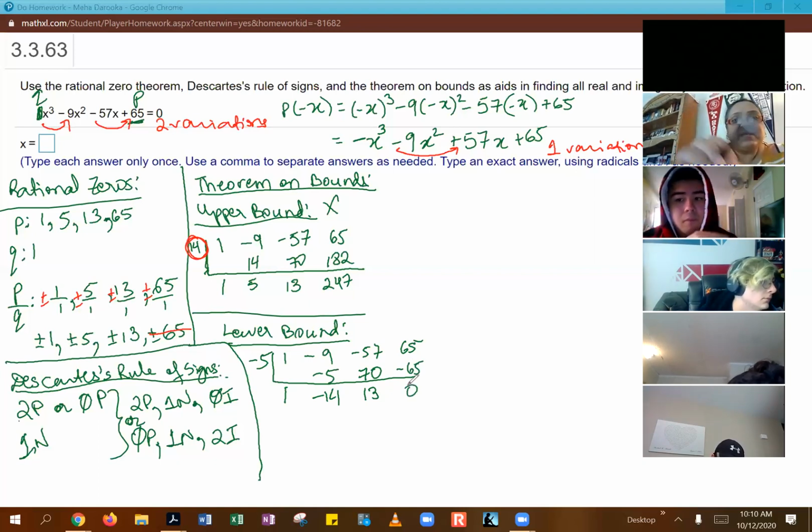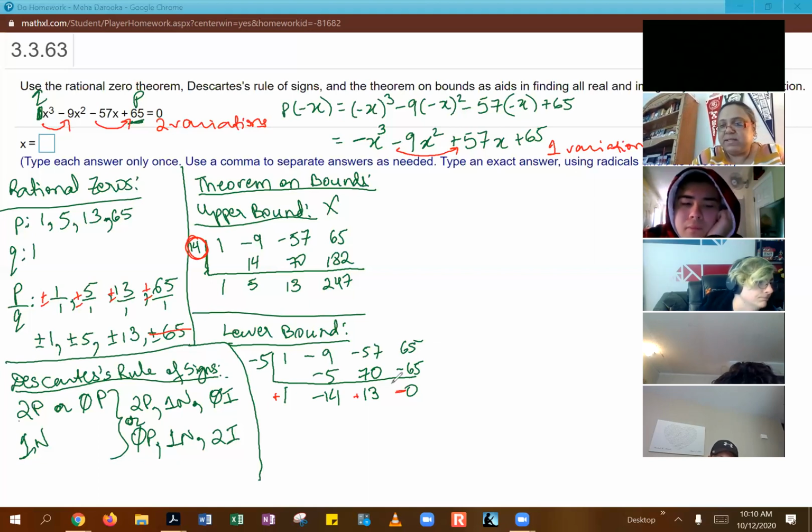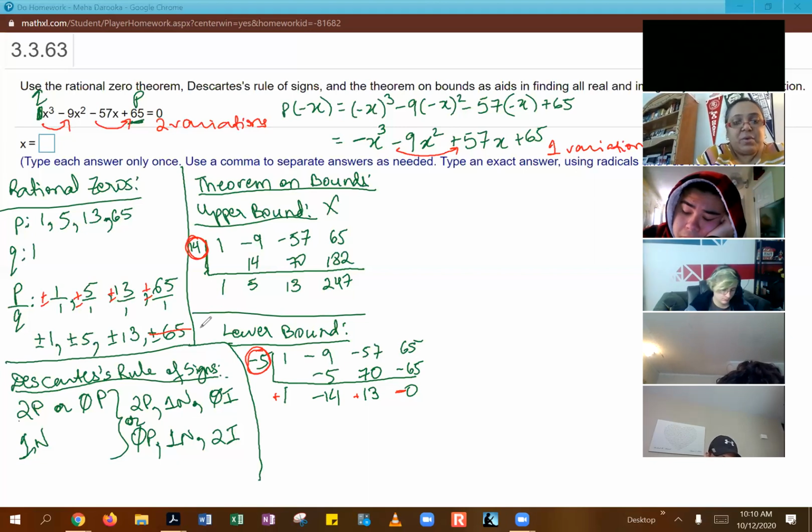So remember what we said with the bounds, you can put a positive or a negative sign on your 0 if you want to get those alternating signs. So we've got positive, negative, positive, and you can put a negative on 0, and that creates the alternating sign. So yeah, very nice. -5 will be our lower bound.